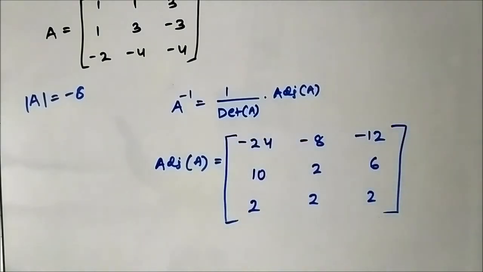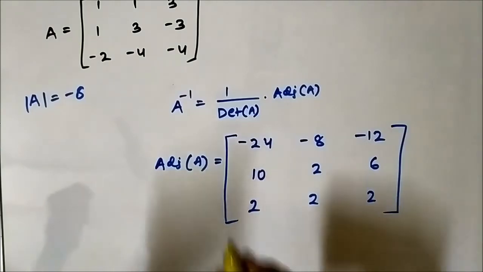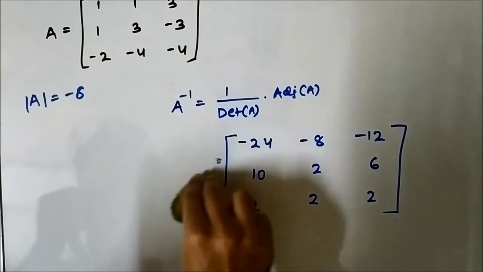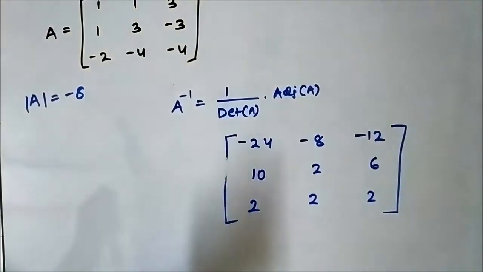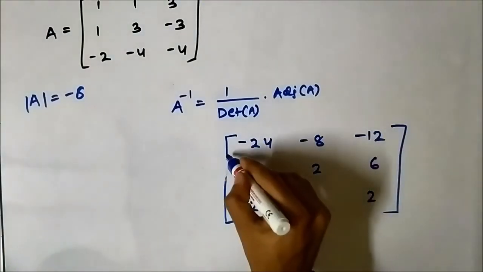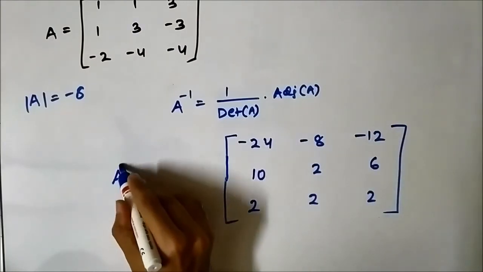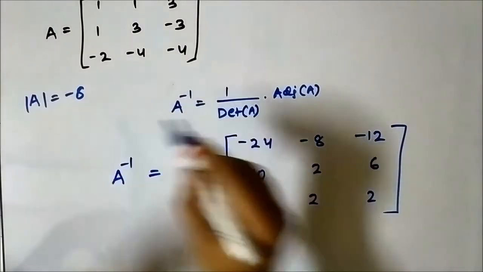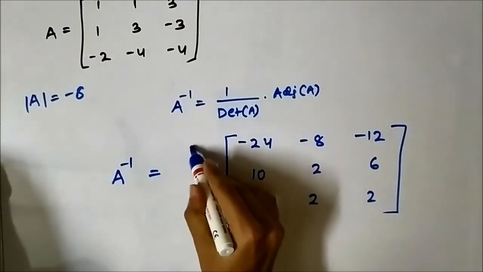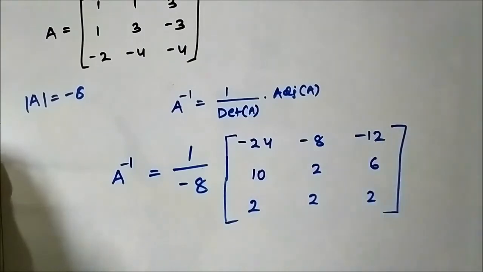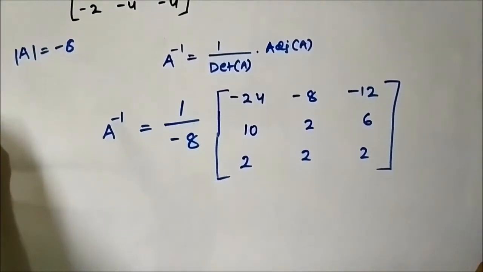Now the inverse is actually this adjoint multiplied with the reciprocal of the determinant. So A inverse is equal to 1 by the determinant of this matrix, which is minus 8, multiplied with this.